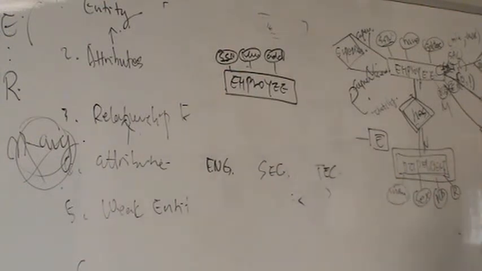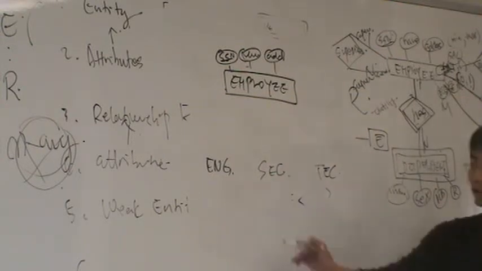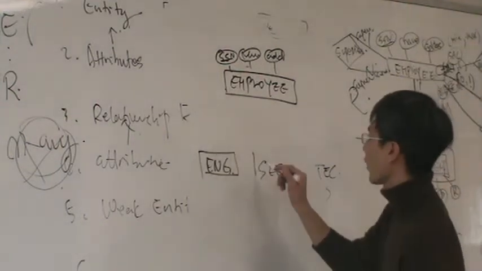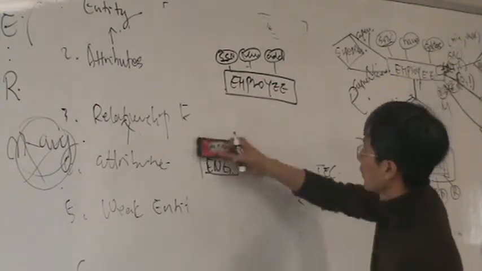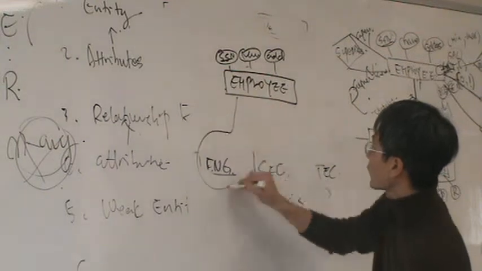So different types of employees. How can you represent such an entity using ER? Another attribute? Okay, so it's another attribute? Yeah. So which means like this one.